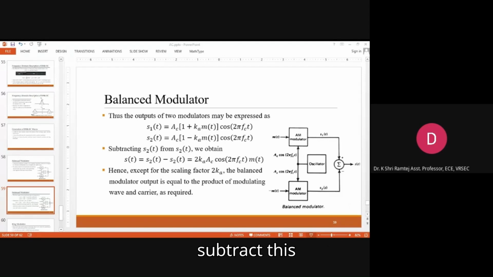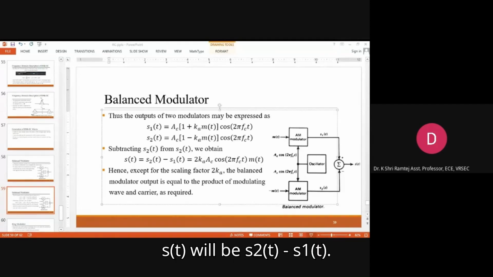Now if we subtract S2 of t from S1 of t, we get S of t equals S1 of t minus S2 of t. The Ac term will cancel out, and Ka m of t minus minus Ka m of t will become 2 Ka Ac into cos 2 pi fc t into m of t.